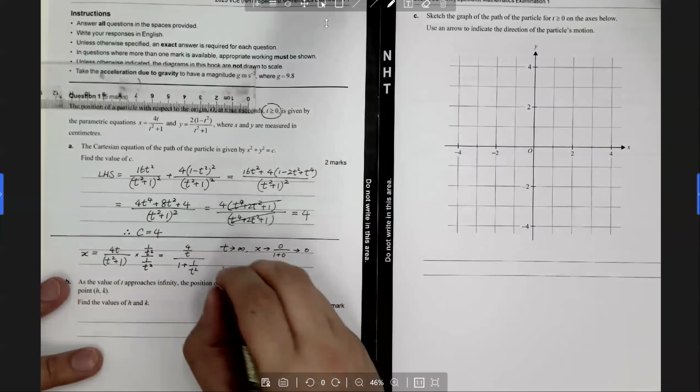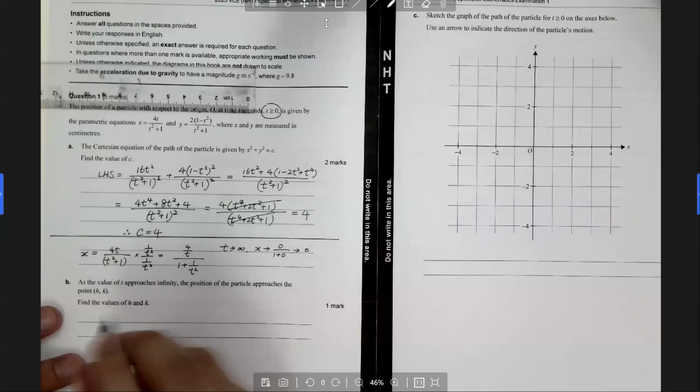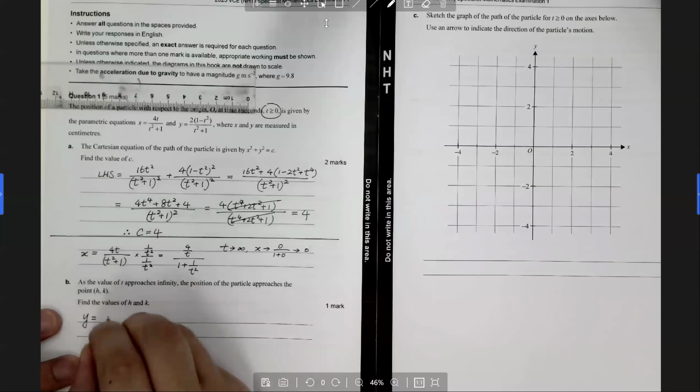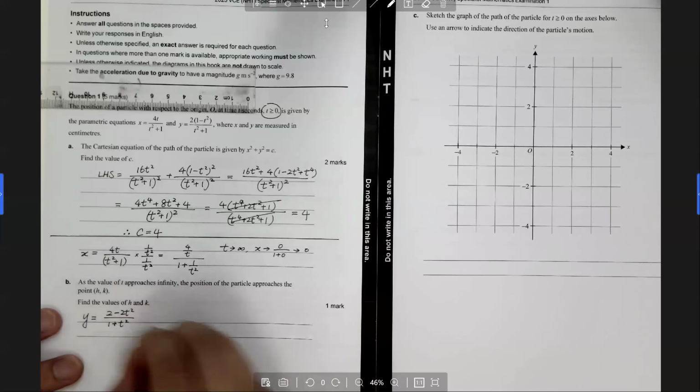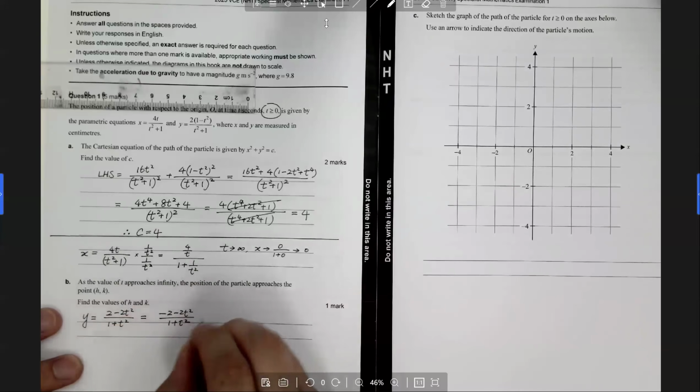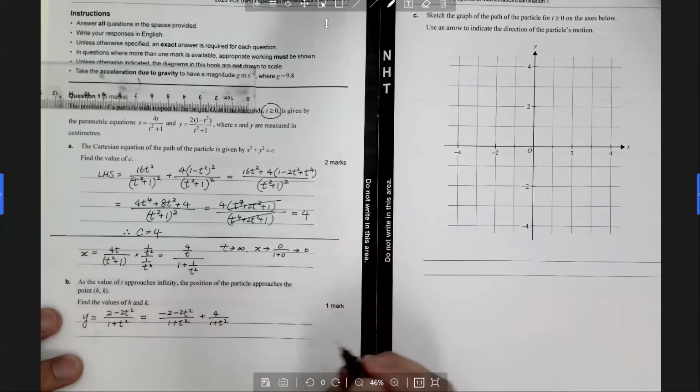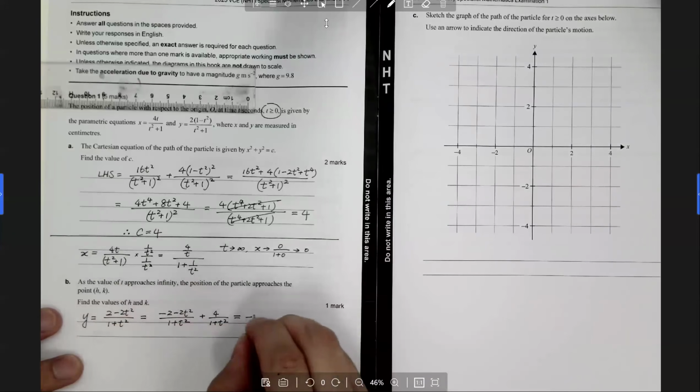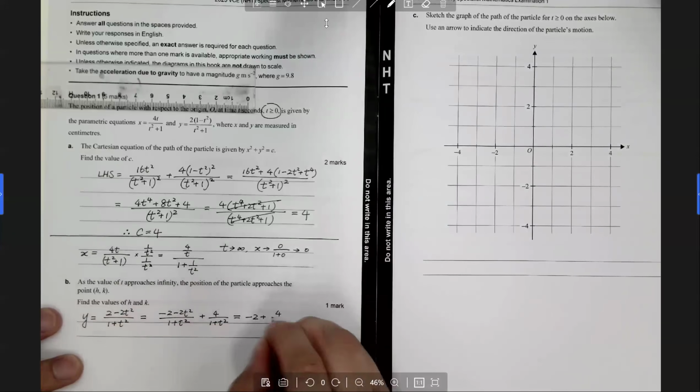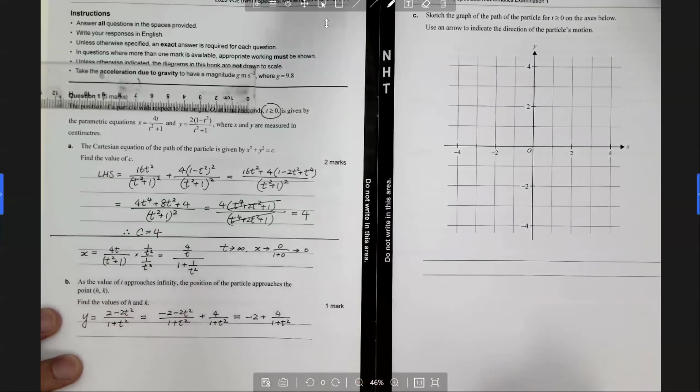And also, just notice your y is equal to 2 minus 2t squared divided by 1 plus t squared. So you might want to say, okay, how about I get a minus 2t squared divided by 1 plus t squared. Then I can add a 4 back divided by 1 plus t squared. So instead, I'll get a minus 2 plus 4 over 1 plus t squared, okay?